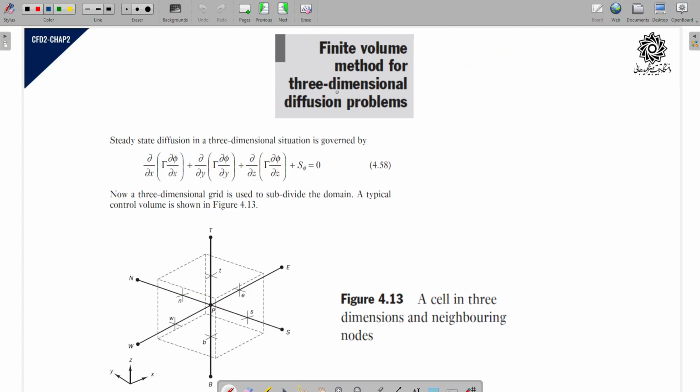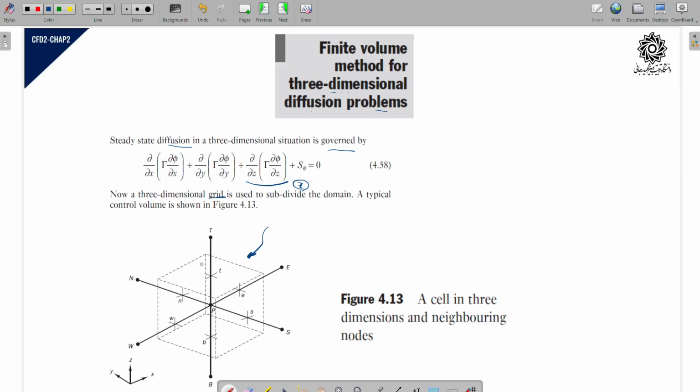Finite volume method for three-dimensional diffusion problem. In a steady state three-dimensional situation governed by the diffusion equation, we have gamma dphi/dz in the z direction. It is a three-dimensional grid.